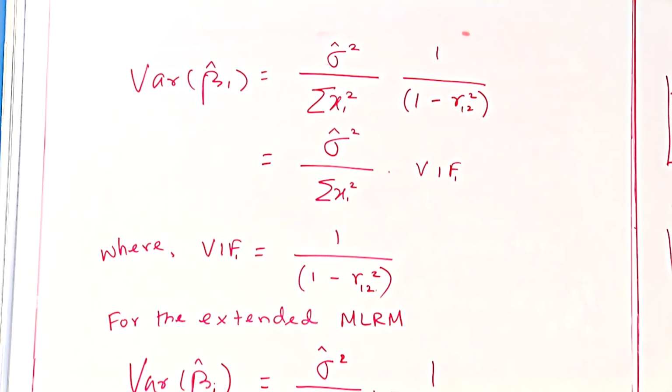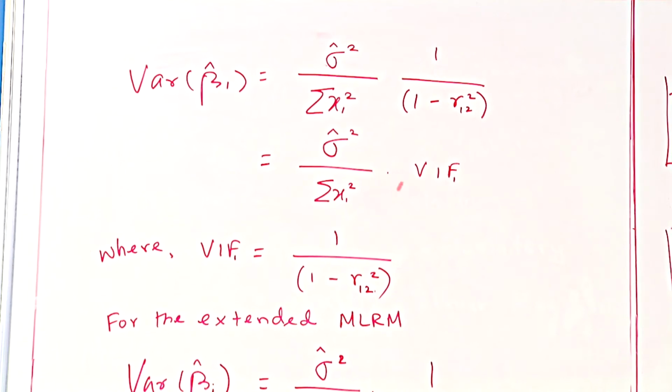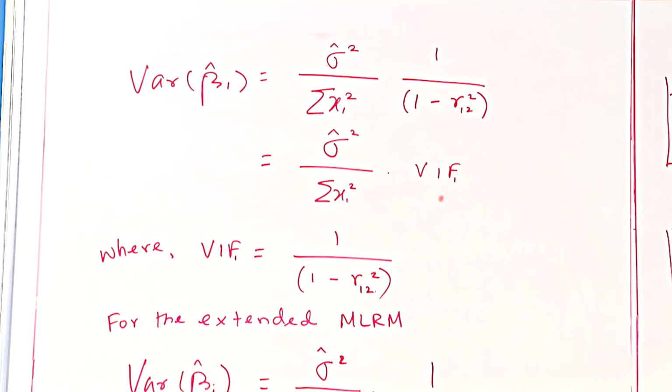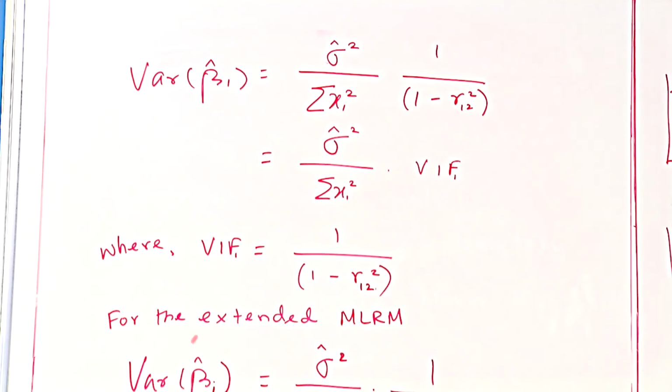This term is taken as the variance inflation factor, the factor by which the variance is inflated. So we define this term as the variance inflation factor of the first regression coefficient.